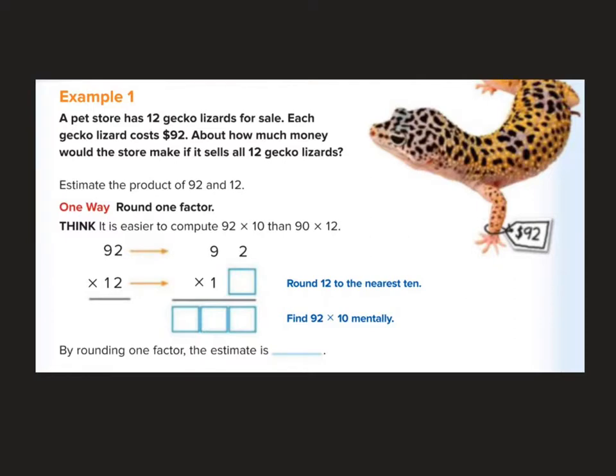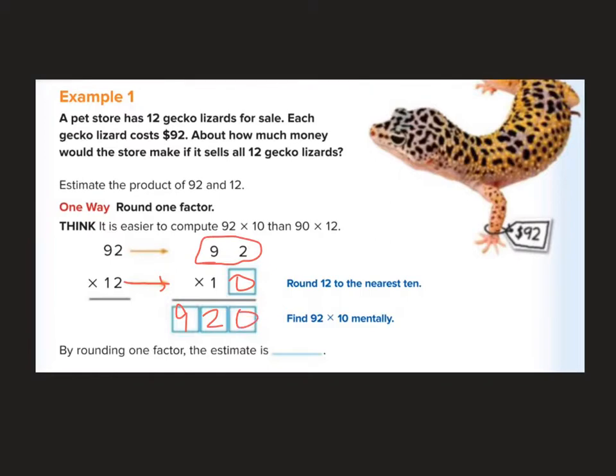A pet store has 12 gecko lizards for sale. Each gecko lizard costs $92. About how much money would the store make if it sells all 12 gecko lizards? In this case, we could keep 92 the same and change 12 to 10, because when I'm multiplying 92 by 10, all I have to do is write 92 and add my zero, which is 920.